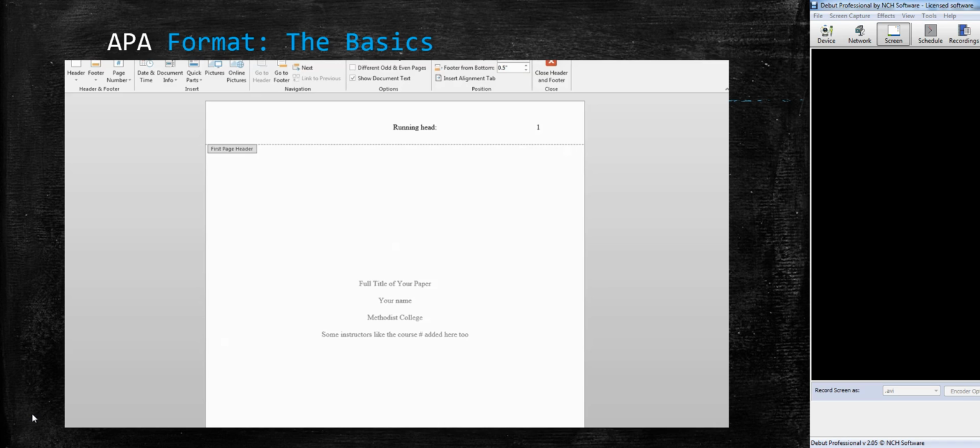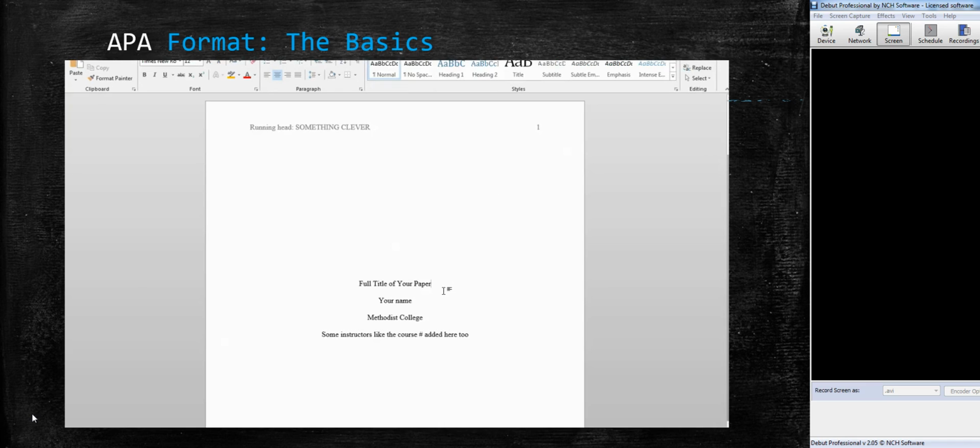So I'm going to put my caps lock on. I'm going to put my own title in there, space that so that I get it back to where it needs to be, hit a tab to move it over, and then I have my header for my very first page, my title page, my cover page, done. Something Clever, that's the name of my paper. Then down here, I'm going to put the title of my paper again.